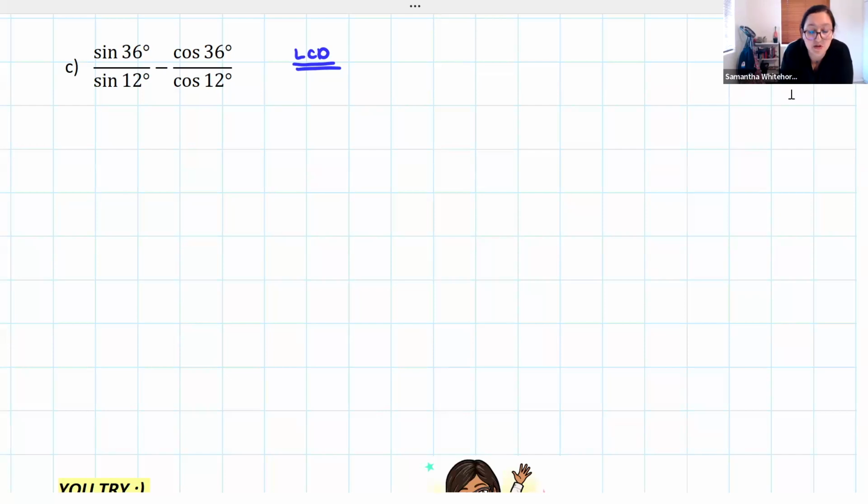Doesn't match up with 12. If I applied it to the 12, it would be 90 minus 78. Doesn't match up. Okay, so I've got a bit of a problem in that I can't apply a reduction or a co-ratio. Because I'm subtracting fractions, I know I can definitely find an LCD. So that's what I'm going to do.